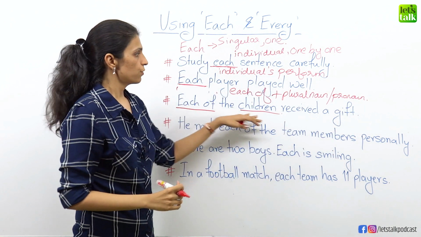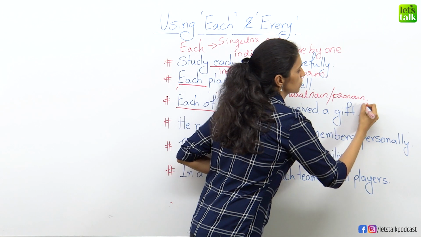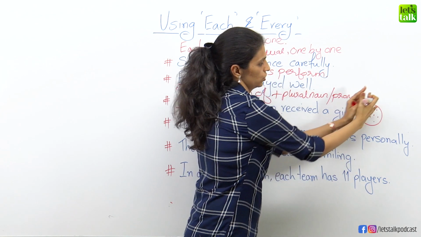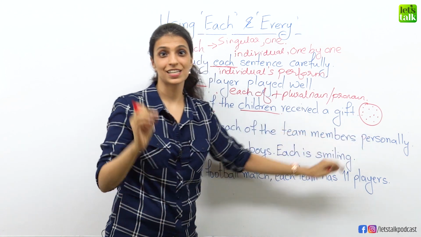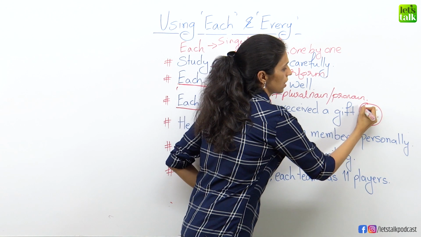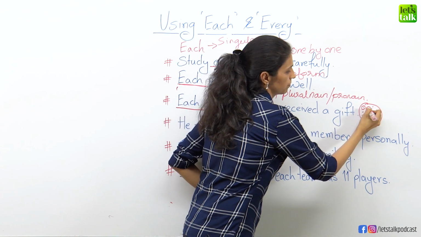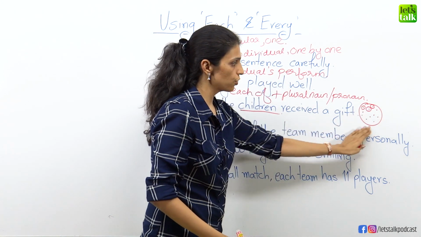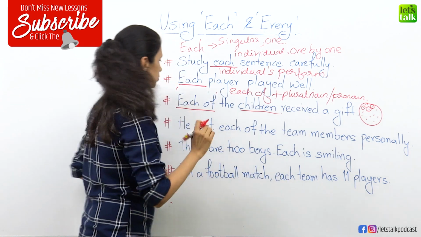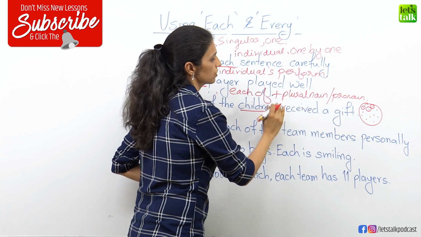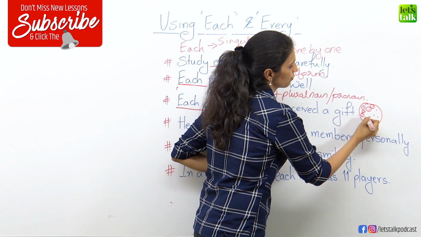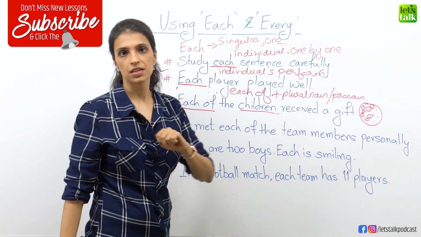So I say each of the children. Now imagine there are so many children here. I'm telling you each, so I am talking about them as individuals. So each of the children received a gift. So many children, and each of them received a gift.